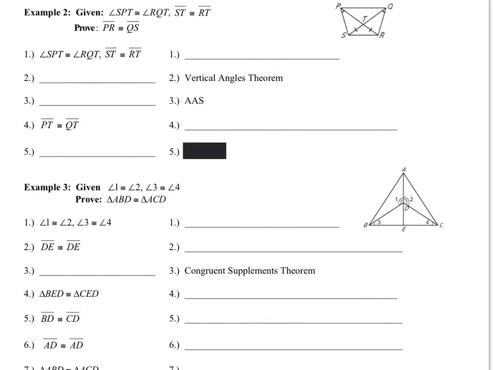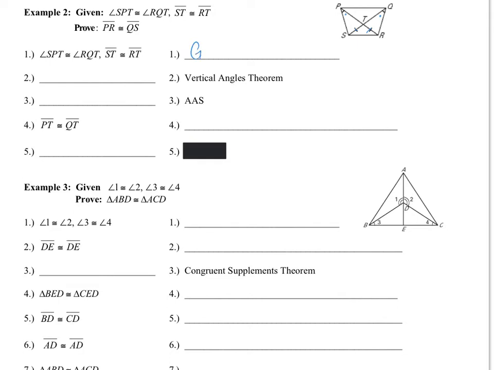For example 2, we are given that angle SPT is congruent to angle RQT, and that ST is congruent to RT.